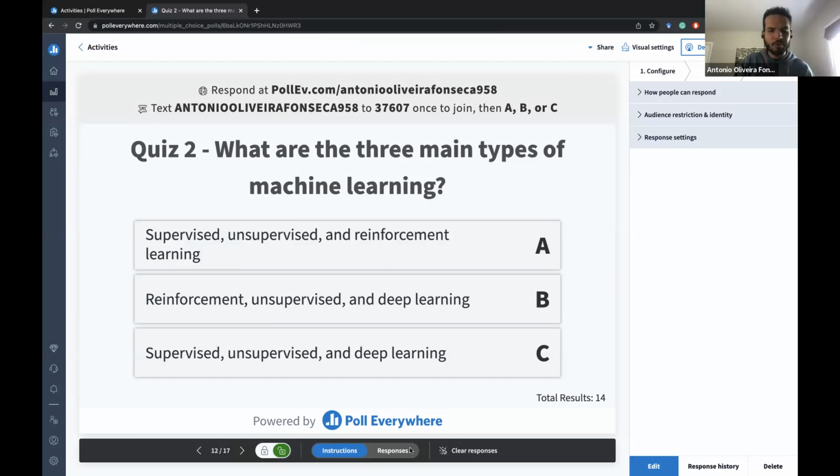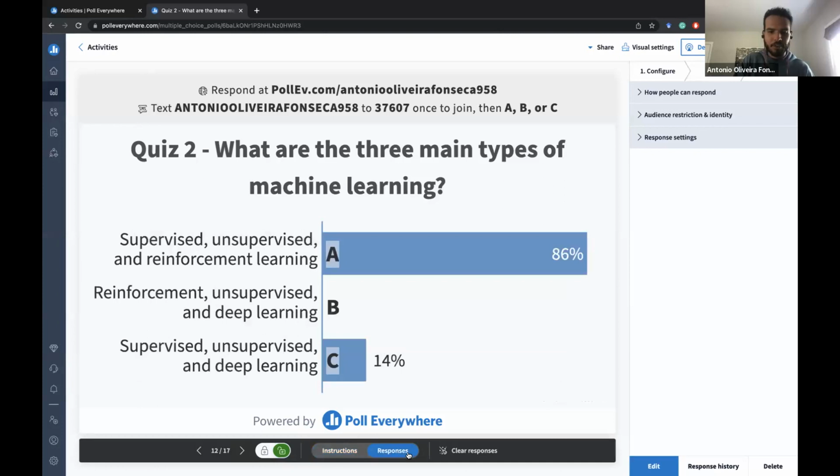Are we 14 or 15? For some reason I thought we were 15 people. Anyway, let's move on. So 86% of the people believe it is supervised, unsupervised, and reinforcement learning, and 14% think it's supervised, unsupervised, and deep learning. I hope this was clear from the diagram that we had.